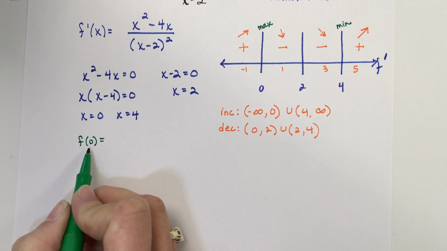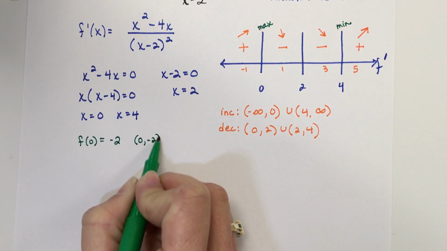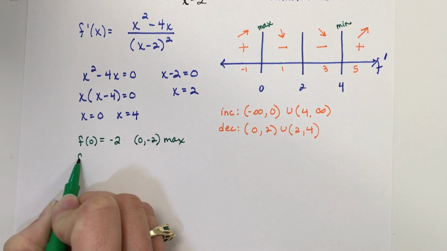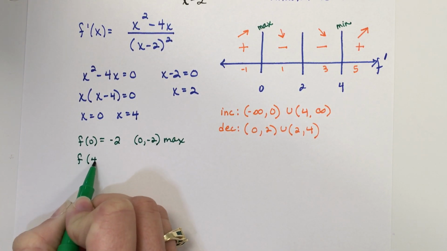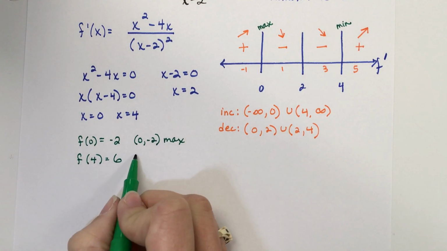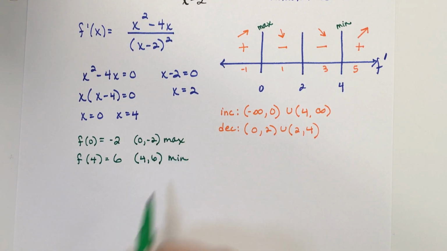If you substitute in 0, you're going to get -2. So the point (0, -2) is a max. And then substitute in the 4. Again, you're substituting these into the original function, so you'll get a value of 6, so that will be the point (4, 6), which is going to be a min.